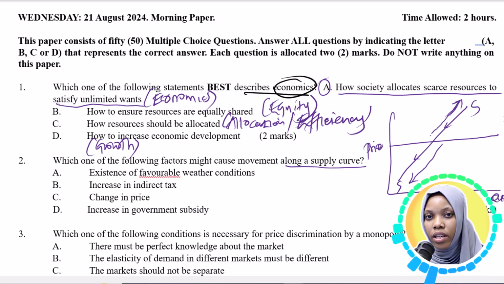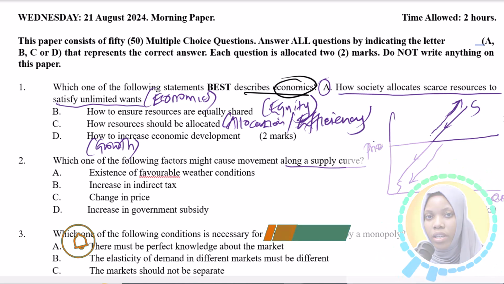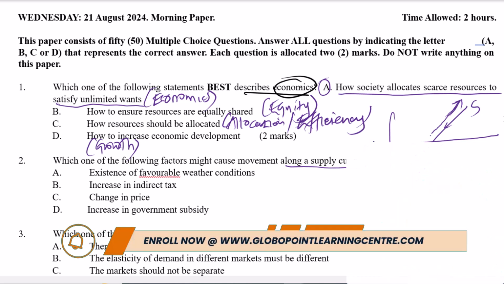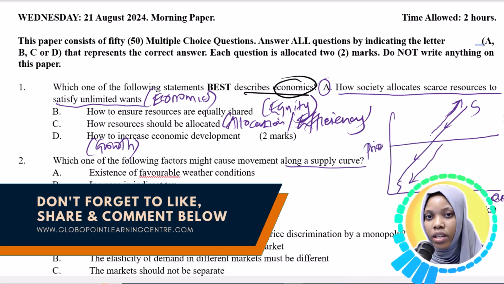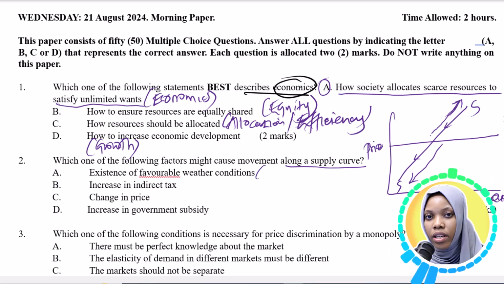So choice A is existence of favorable weather conditions. Choice B is an increase in indirect taxes. Choice C is changes in price, and choice D is increase in government spending. Existence of favorable weather conditions leads to a rightward shift.